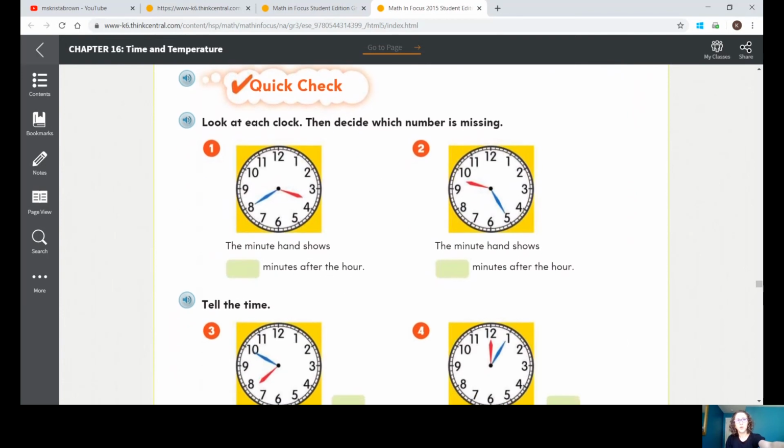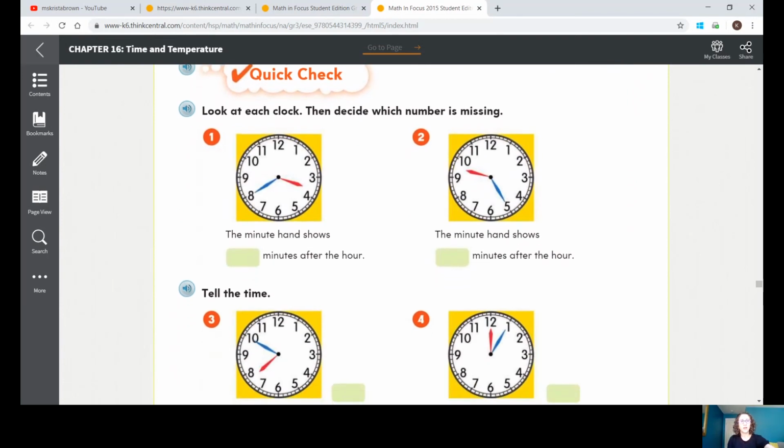Okay, let's do a quick little check together. I'll give you a few seconds to kind of think of an answer yourself before I share the answer with you. Look at each clock and then decide which number is missing. So number 1, it says the minute hand shows blank minutes after the hour.